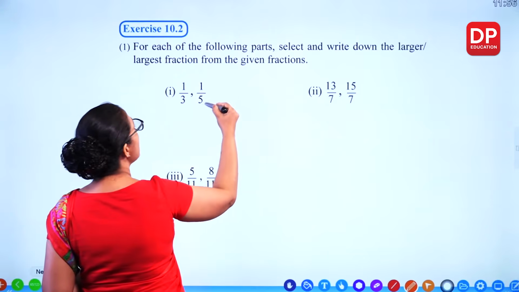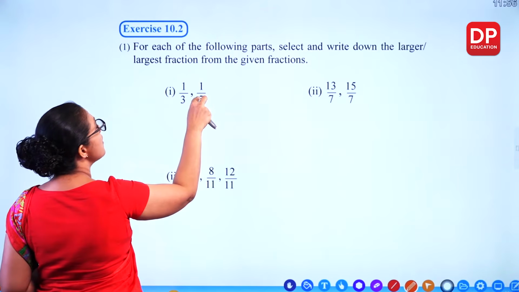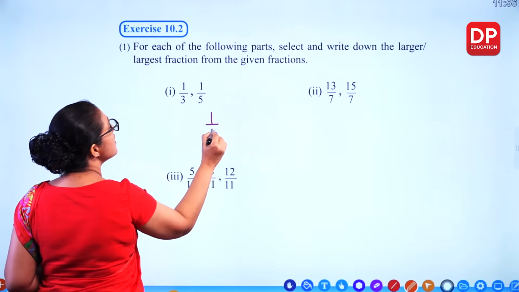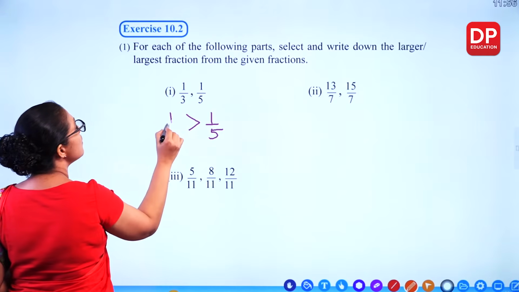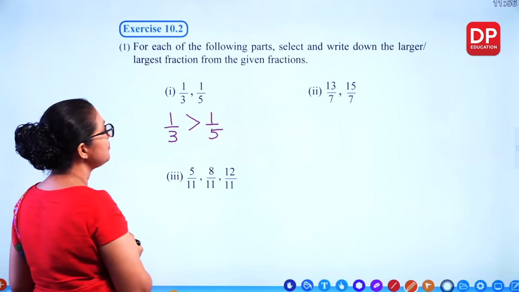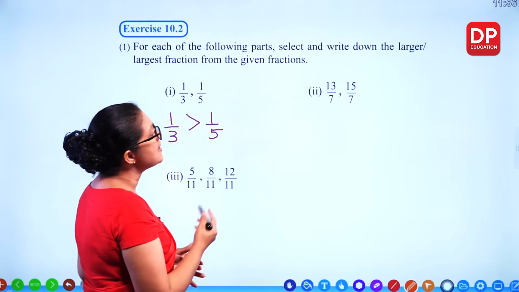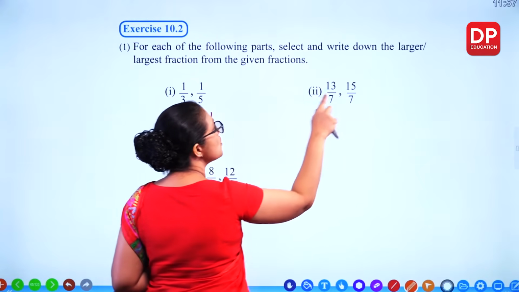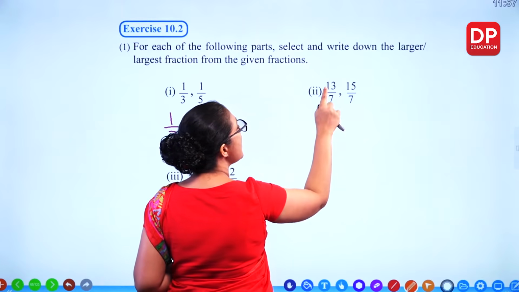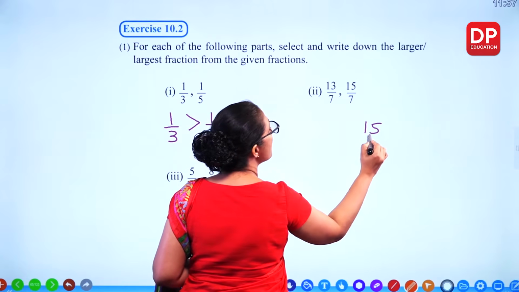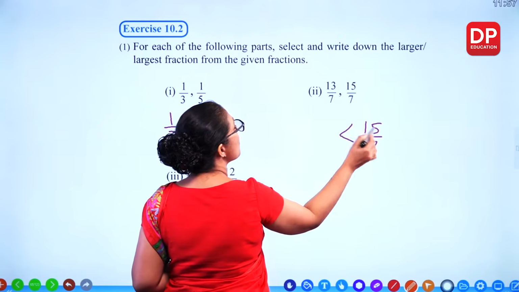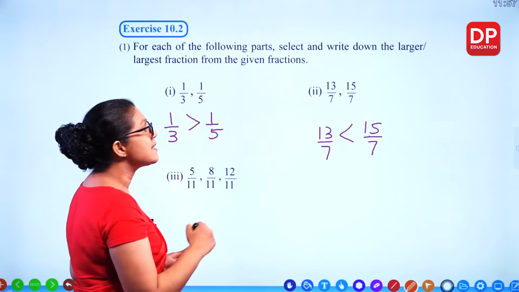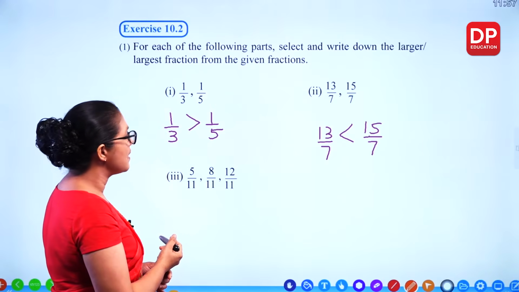So the larger denominator is 5, and 1 over 5 is smaller than 1/3. This one, same denominator, so you can compare with the numerators. Which one is bigger? 15 is bigger than 13. So 13 over 7 is less than 15 over 7.